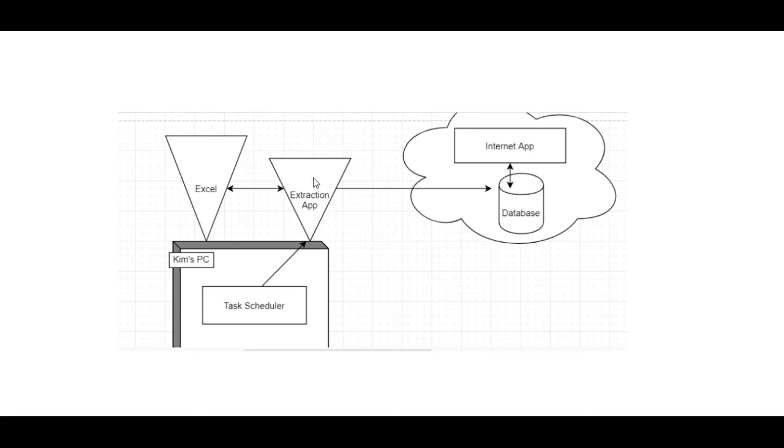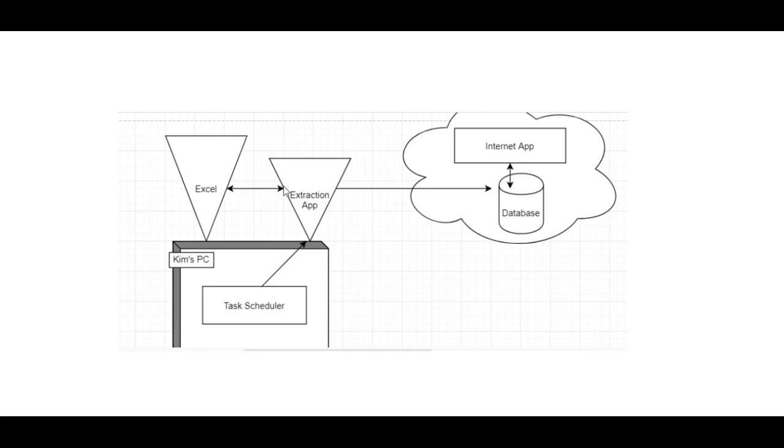I would install another little application in her PC, and within every PC there's something called the Task Scheduler, which is basically just a timer, and you can set it to initiate different things at different times. So the Task Scheduler would tell this application when to start.